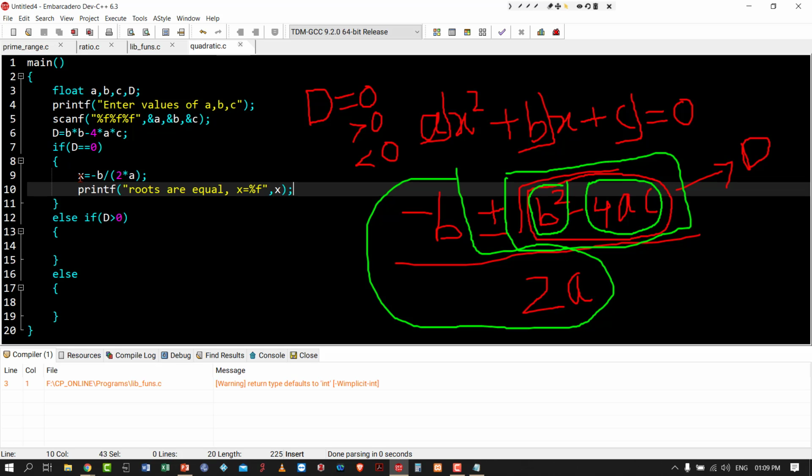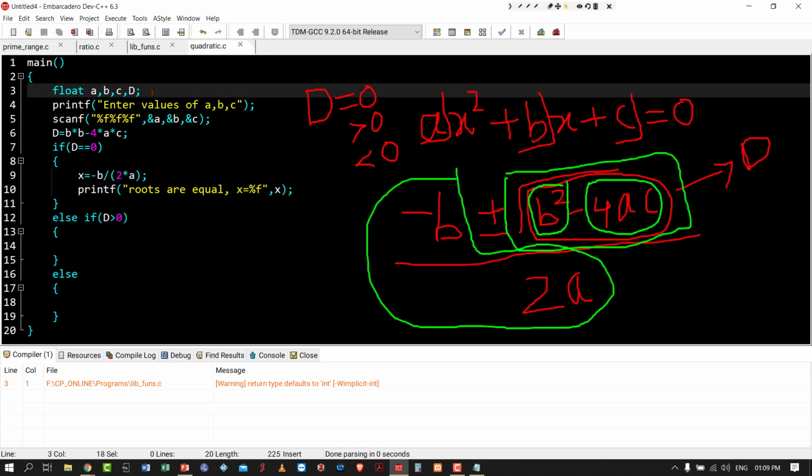Any doubt in these two statements, 9 and 10? If anybody has any doubt, you can ask. Sir, you have not declared X. Okay, I will declare it. No problem. So it is clear.